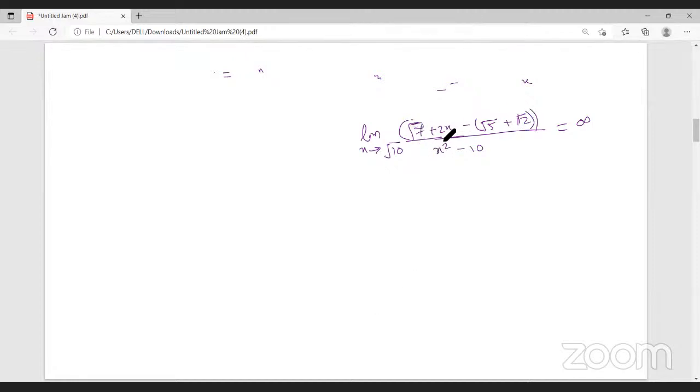I was solving this and suddenly got stuck, because normally I take x to 0 or some number, but here it is x to root over 10. So I was wondering how to solve this x to root over 10. There are some different properties for that, which we are going to discuss. We have to see that.